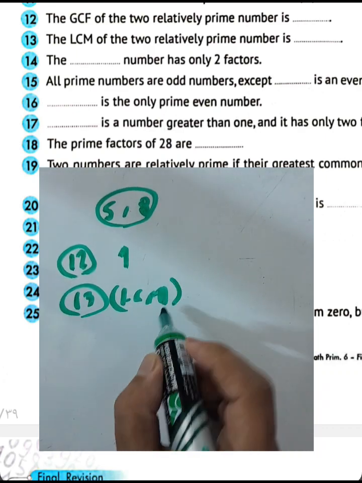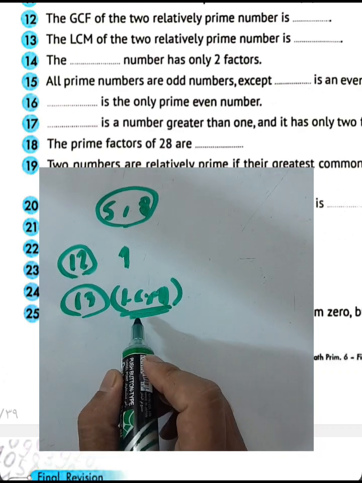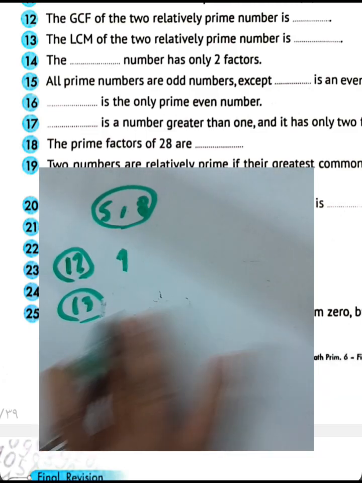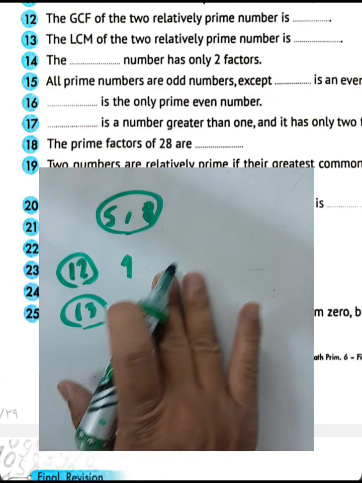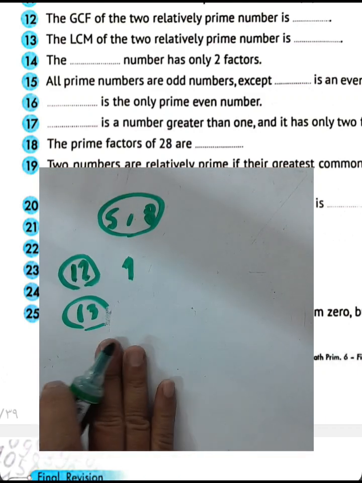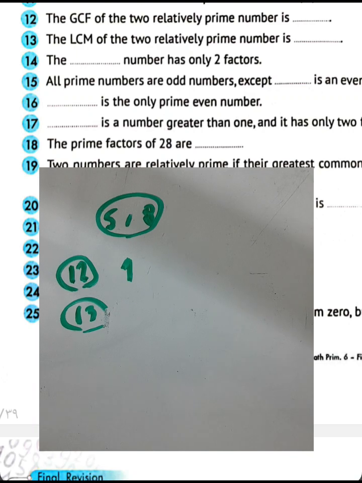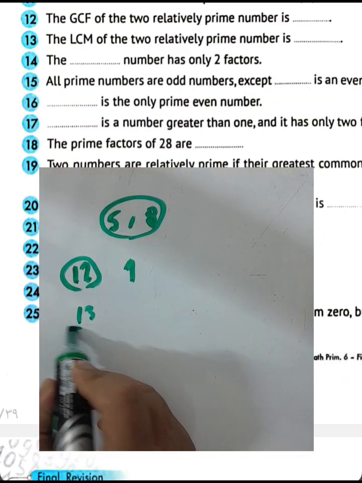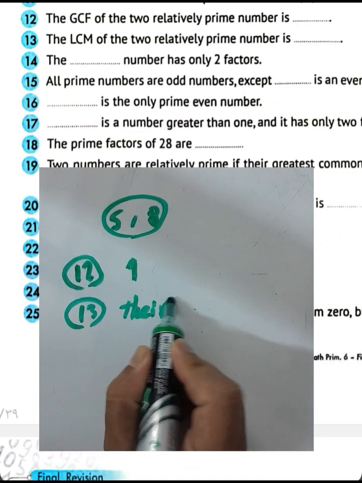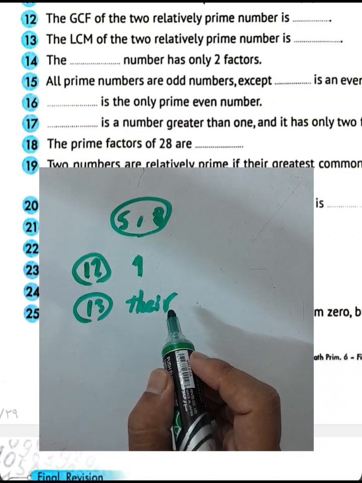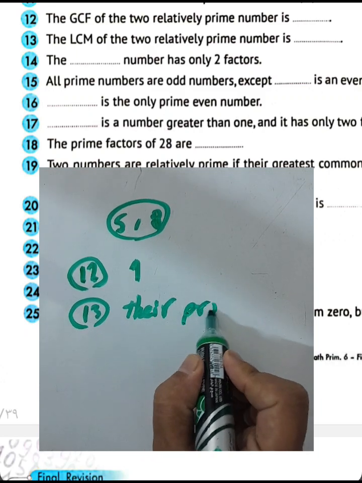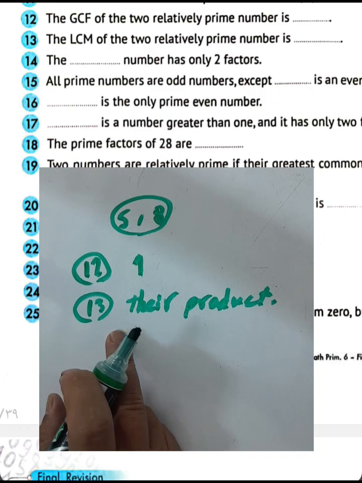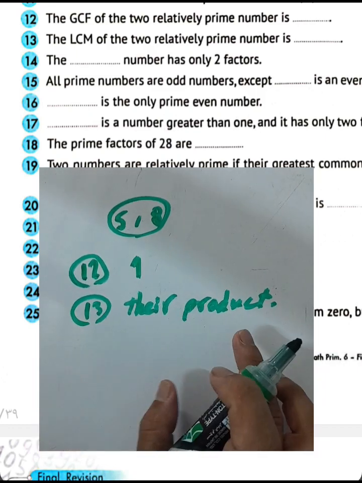If you want to find the least common multiple between two relatively prime numbers, the result will be their product.